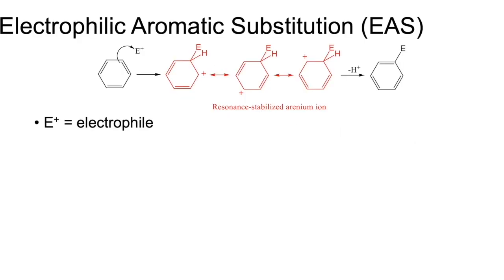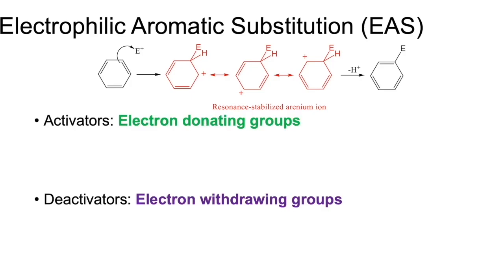In order to explain nitration, we need to first go over electrophilic aromatic substitution, because that's how nitration happens. As you know, E+ is an electrophile, and when that E+ has some sort of nitrogen in it, then that's called a nitration. Depending on what's on the ring, when you do electrophilic aromatic substitution, you call them an activator or a deactivator.